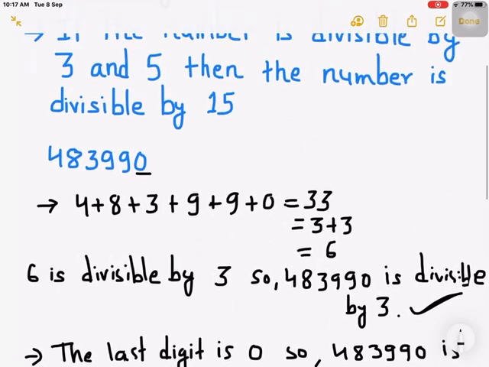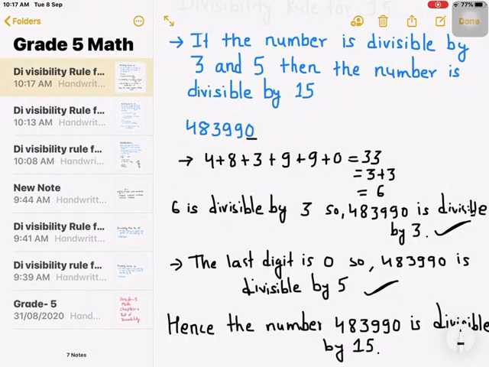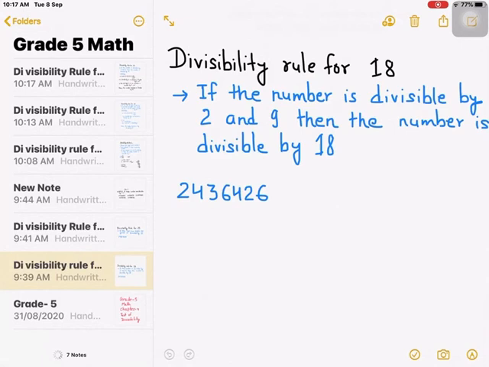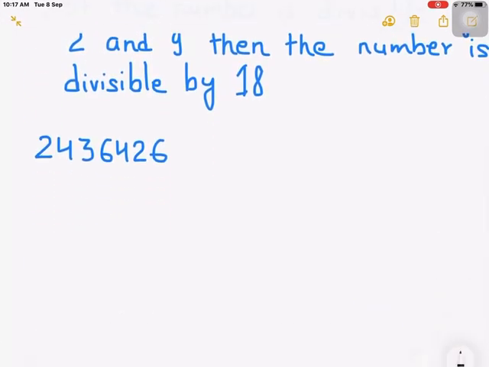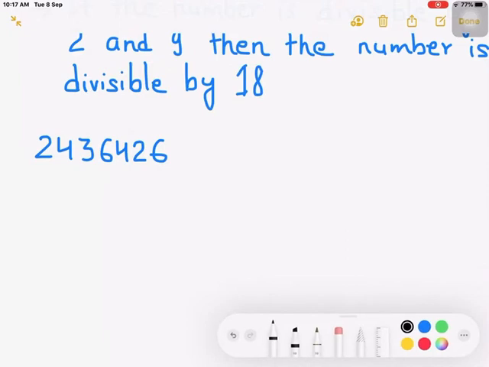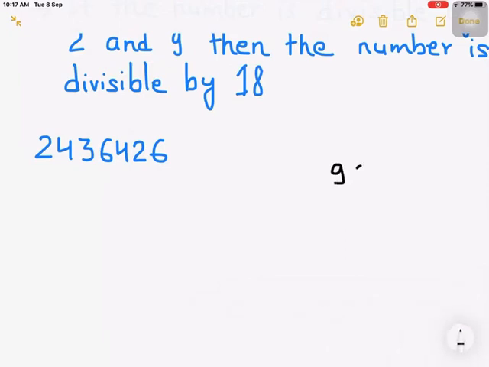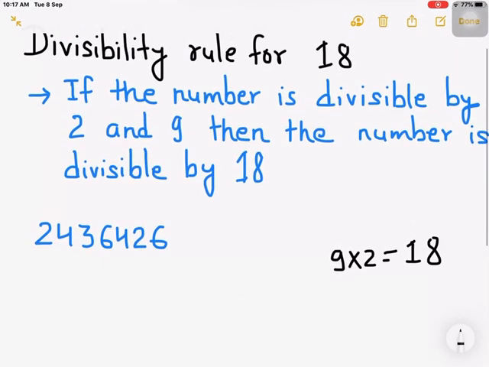So okay, understood, everyone? Now let's go for another. Yes, the rule for 18 here. Rule for 18 means, what is the multiplication? 9 twos are 18, isn't it? So if the number is divisible by 2 and 9, then the number is divisible by 18, means it has to meet the condition of 9 and 2.